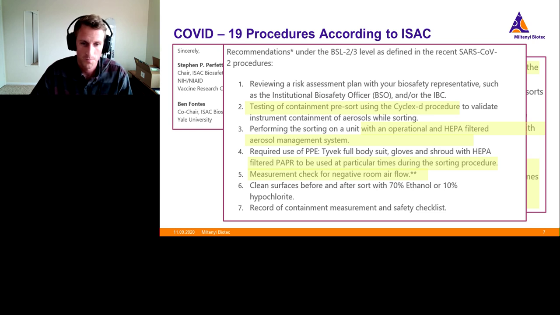I've also highlighted a couple of other things: checking the room for negative airflow, and Tyvek full body suit, gloves, and shroud with HEPA filtered PAPR to be used at particular times during the sorting procedure. So really, you can imagine operators are gowned up quite substantially, and this needs to be done in a room dedicated to this type of research.